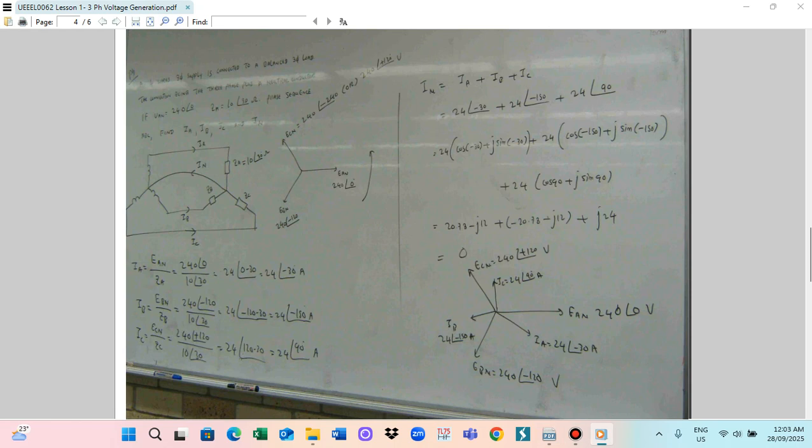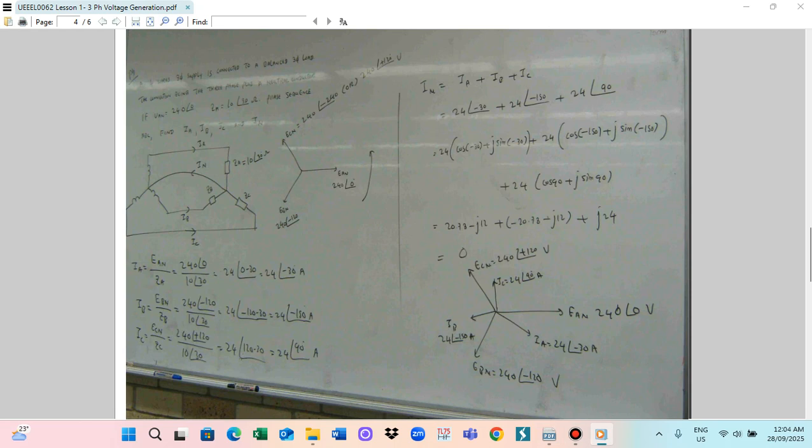So now we will draw the phasor diagram here. VAB 240 angle 0 is this one. This is the VAB, 240 angle 0, so the magnitude is 240. This will be the reference line. And VBC is 240 angle minus 120. So this is VBC at minus 120.